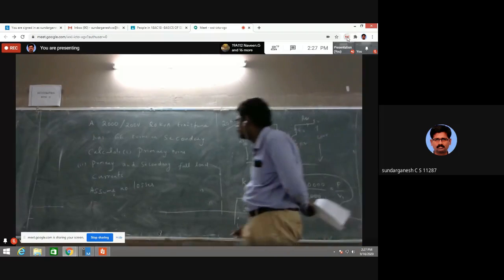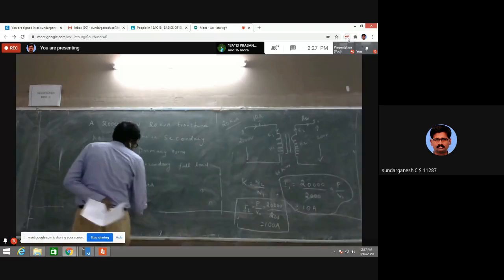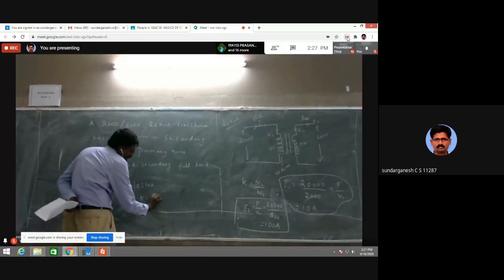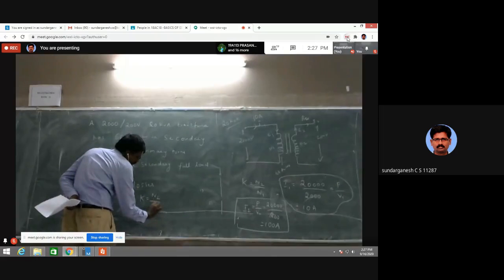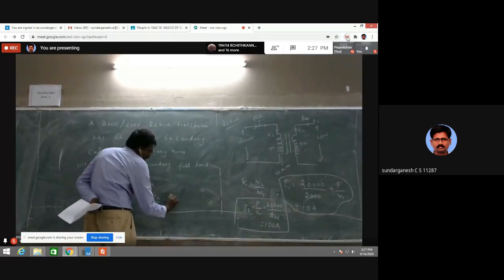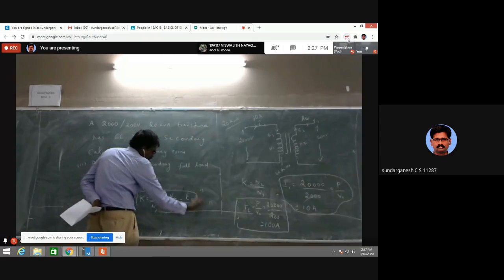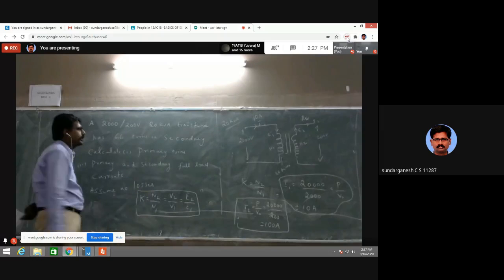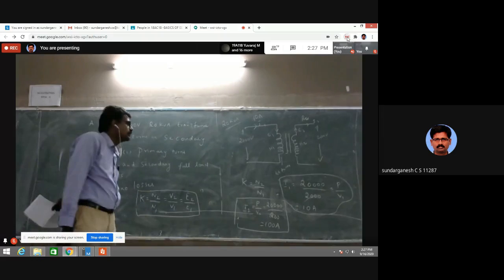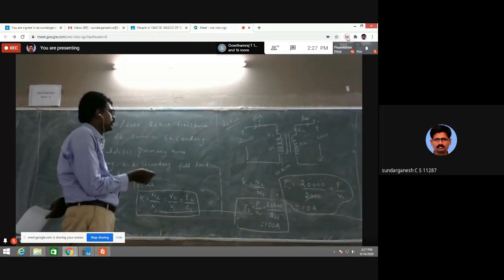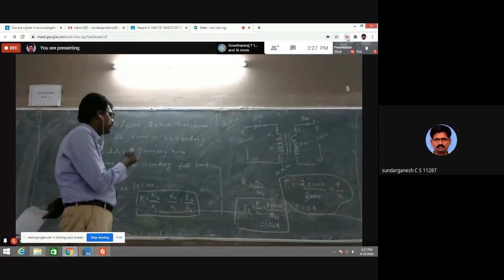This ratio can be written as K equals N2 by N1, which is equal to V2 by V1, which is equal to E2 by E1. K can be found by the number of turns N2 by N1, or V2 by V1, or E2 by E1.